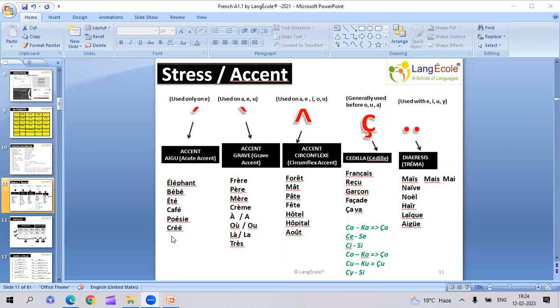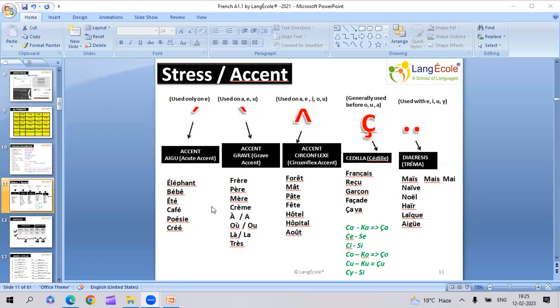And all these accents, when you learn the concept, are basically to change a little bit of the sound of vowels only, because there you are making the difference in the universal sound. And once these accents go with the consonant, it will again make a difference in the pronunciation of the full word itself.